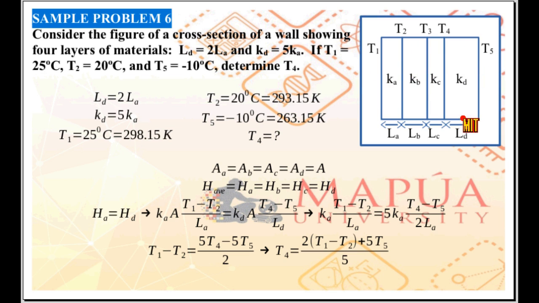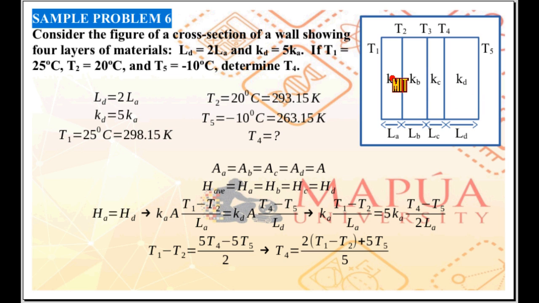Since this is just one wall, each layer has the same cross-section area. So, AA is equal to AB is equal to AC is equal to AD is equal to A. So, let's just use cross-section area A for all the layers. This is a solid wall, solid material, thermal conduction analysis.